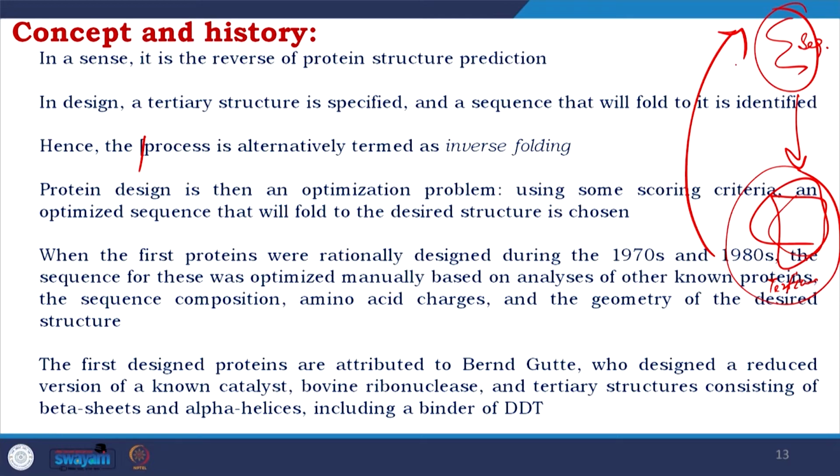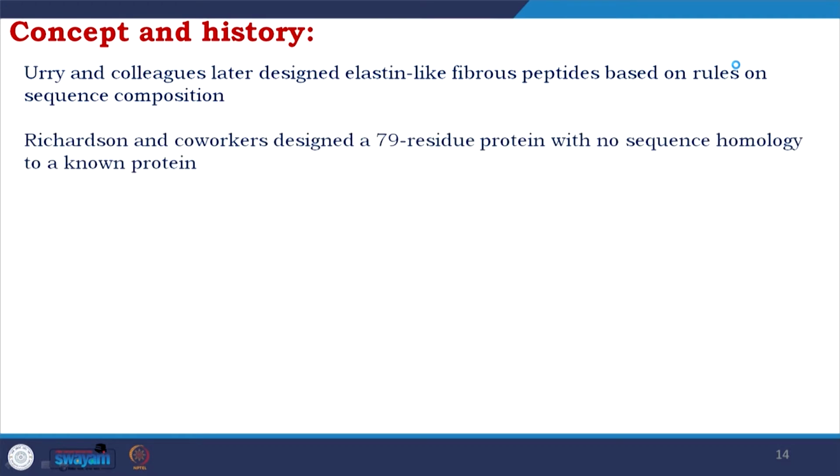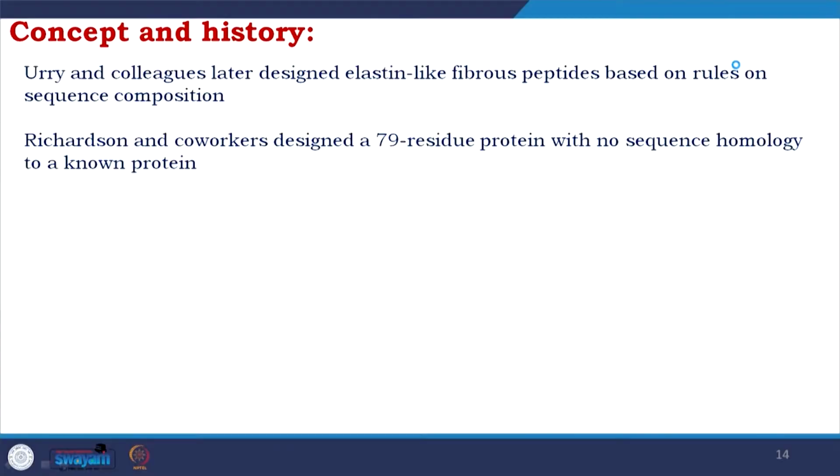Urry and colleagues later designed elastin-like fibrous peptides based on rules on sequence composition. Richardson, whom we talked about especially in the time of visualization, and co-workers designed a 79 residue protein with no sequence homology to a known protein.